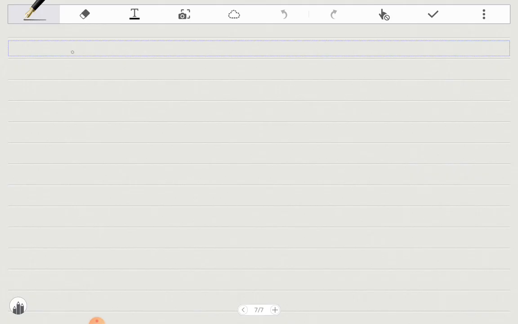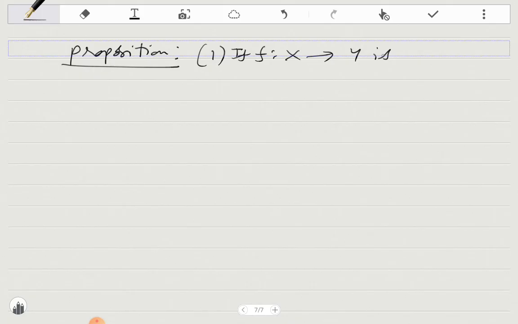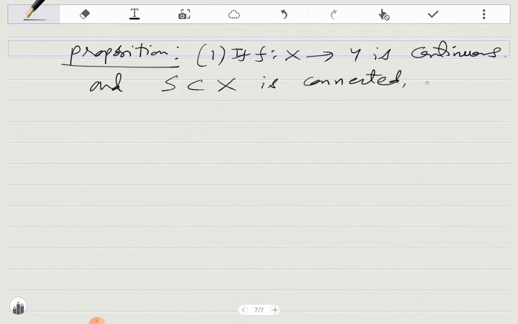So what we need are, so proposition, a few facts. The first one is, if f from X to Y is continuous, and S contained in X is connected, then f of S is connected.